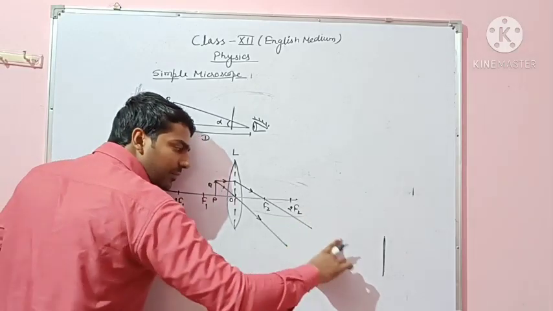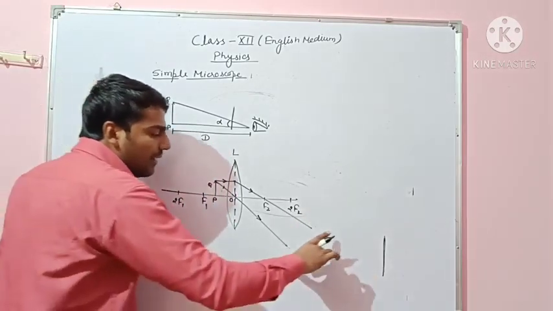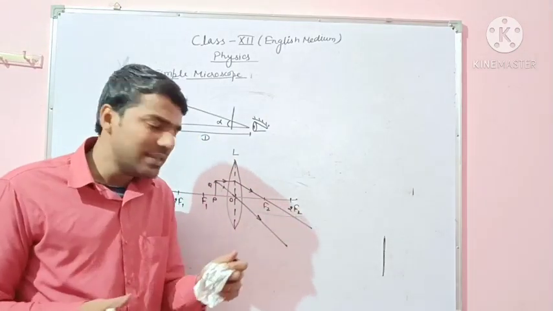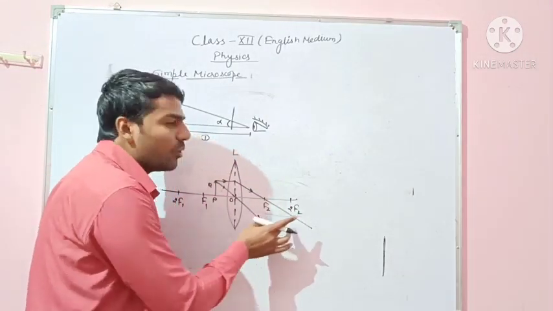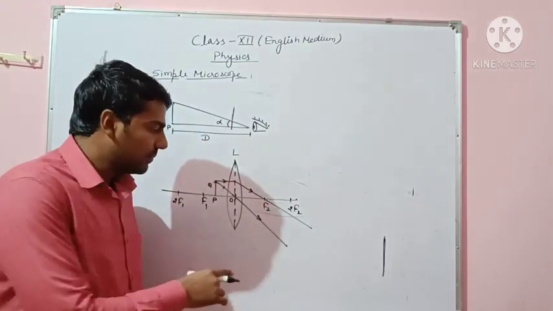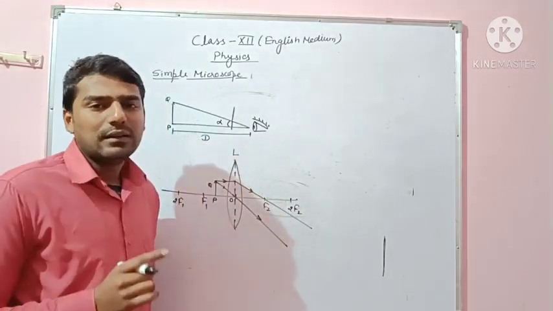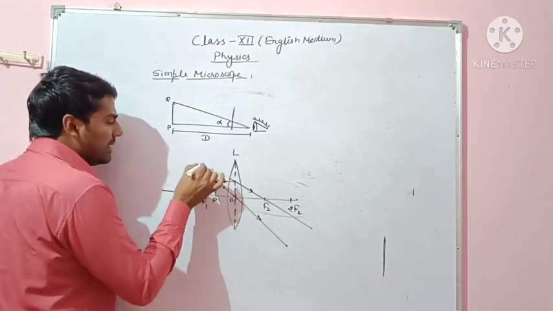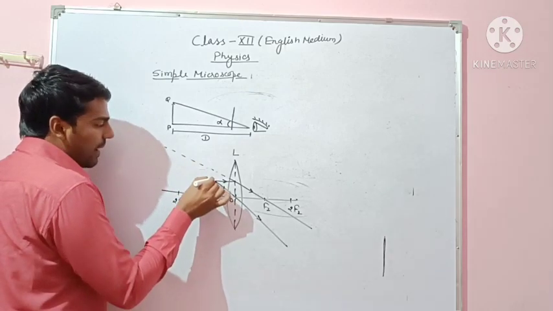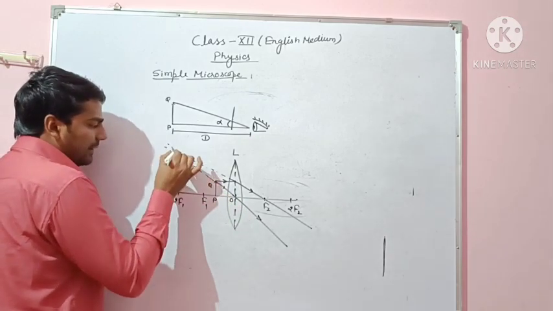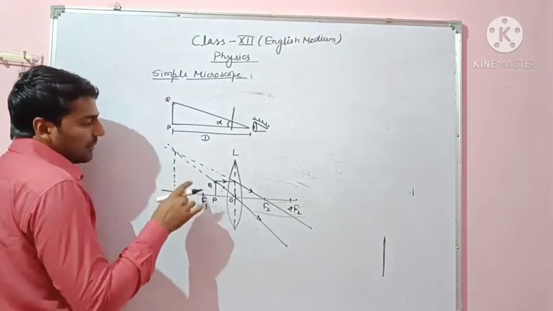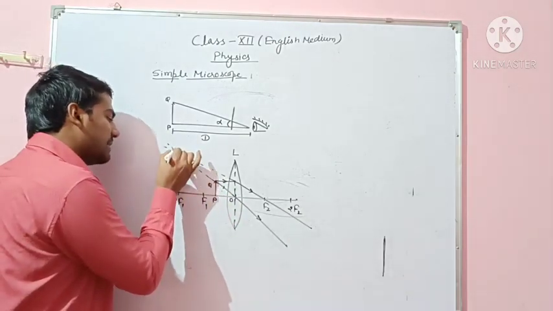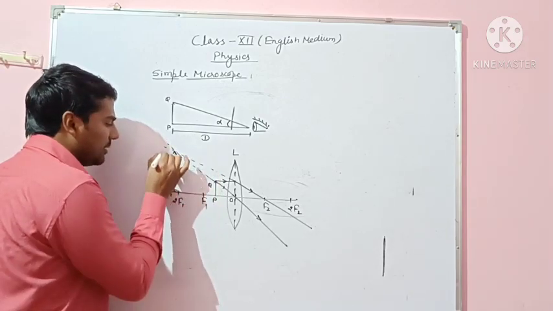If we extend the light rays in the forward direction, the gap between them increases, meaning both light rays do not cut each other in the forward direction. So we extend the light rays in the backward direction. In the backward direction, both light rays cut at a point, giving the image P dash Q dash.